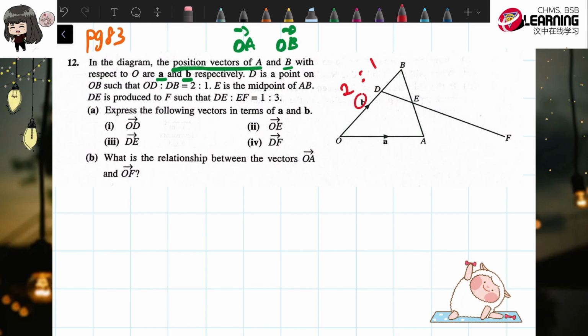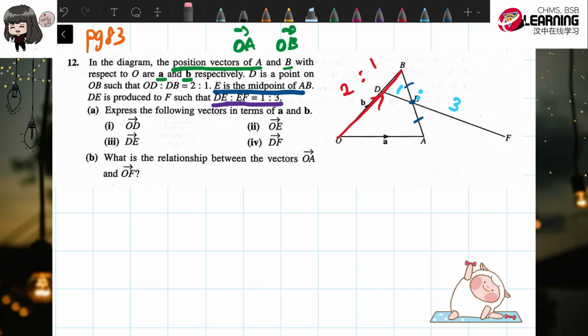This b is O goes to B. Now again, E is the midpoint. DE is produced to F such that DE:EF is 1 to 3. So we have another ratio again, 1 to 3.